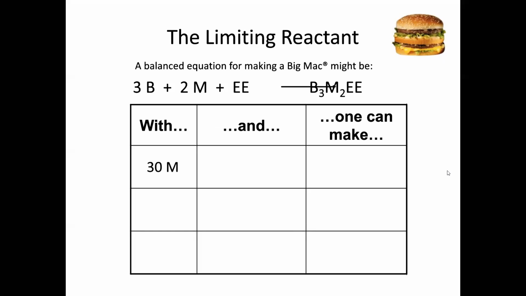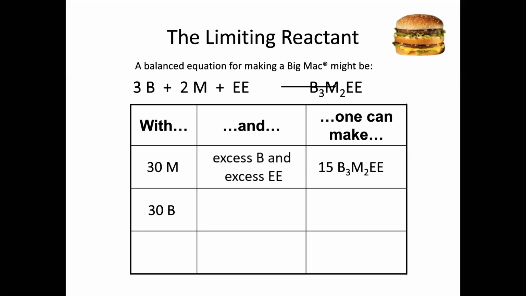So if you have 30 pieces of meat and excess of everything else, how many Big Macs can you make? Since you have 2 meats to 1 Big Mac, you just are dividing that by 2, or realistically multiplying by 1/2.